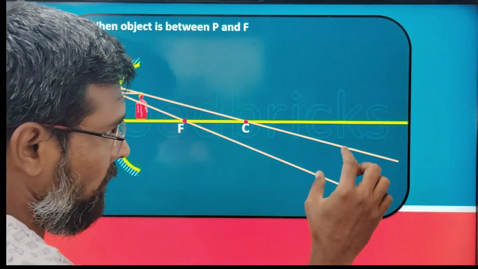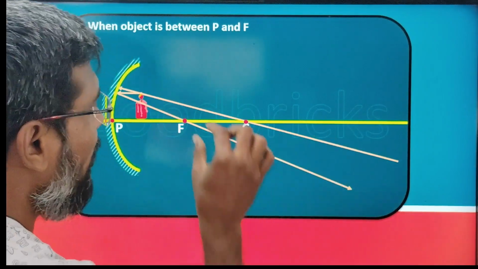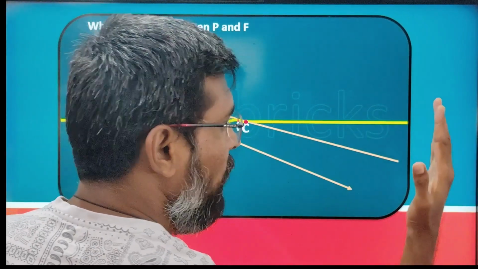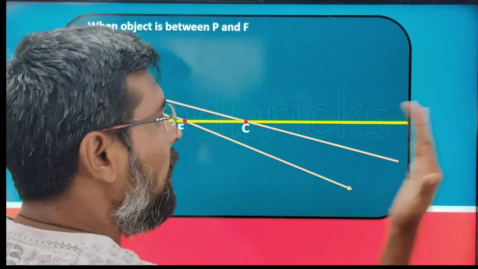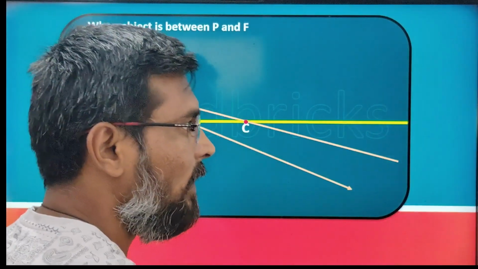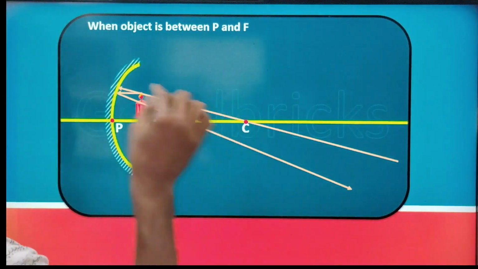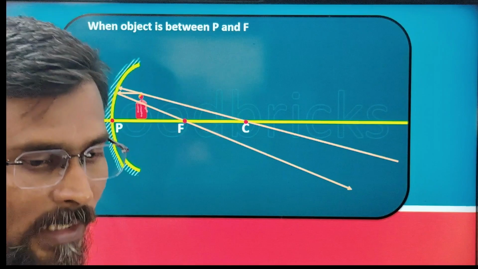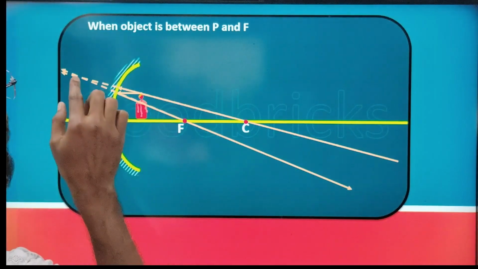And if you look at these 2 reflected rays, the gap is increasing. So if you put a screen here, these reflected rays will never converge on the screen. But we can imagine there is a chance that behind the mirror they are going to converge.